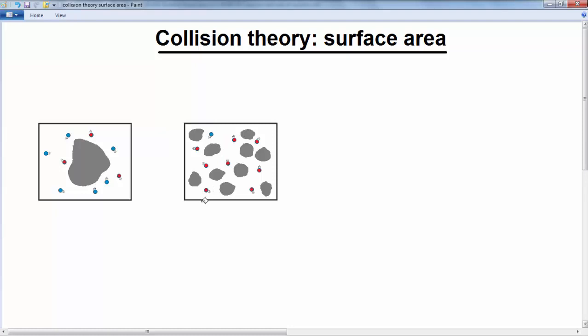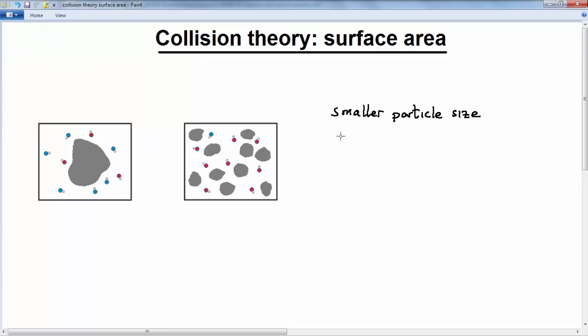So we've greatly improved the chances of a collision by reducing the grain size. In fact, when we reduce the grain size of the reactants we increase the overall surface area of the reactant, and it is that which increases the frequency of collisions and increases the chance of a successful reaction. Let's just make a note of that.